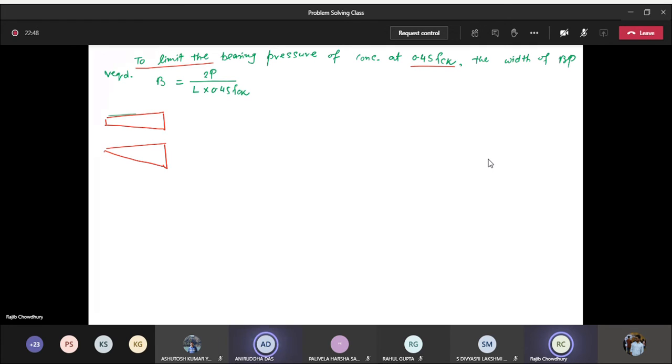So this is half B times L, the total area, times 0.45 fck, which is to be equated to the factored compressive force. Is it not? Yes, sir. I'm not going to make the calculation because you already know what P and L are. Let me write it for more clarity.